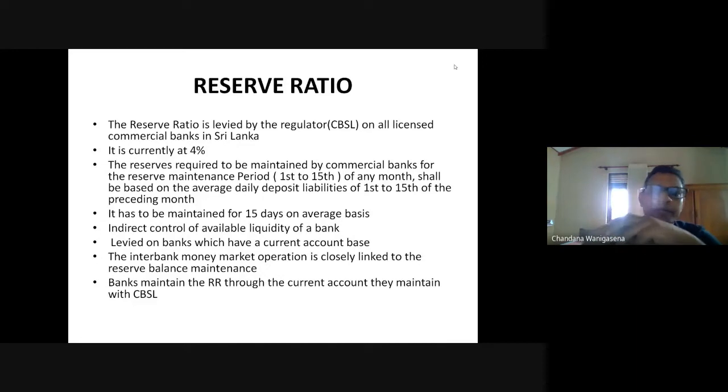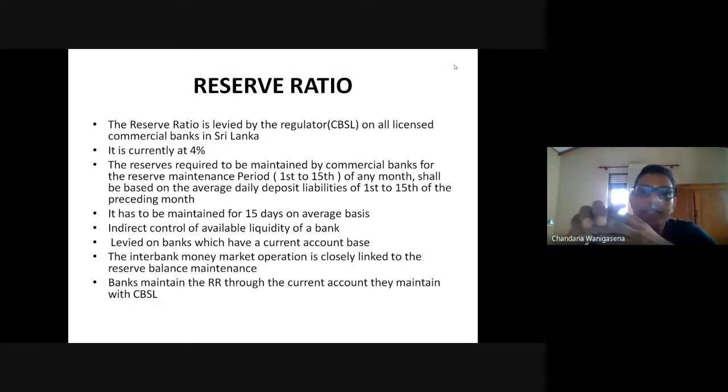We divide that by 15 and we get the average daily deposit at bank level, and we take 4%. Let's say the average deposit is 1 billion, and we take 4%. That's I think 40 billion.